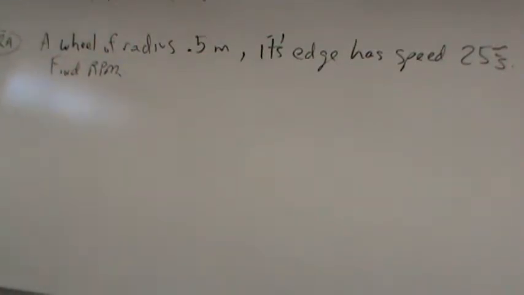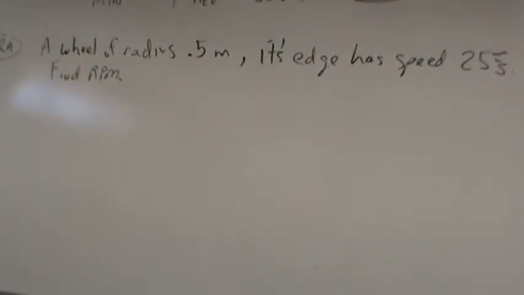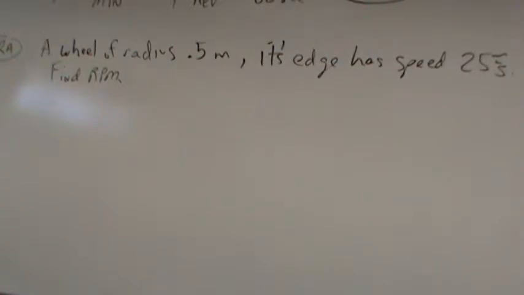How many revolutions per minute is this wheel doing if its edge has a speed of 25 meters per second and it's a wheel of radius 0.5 meters?